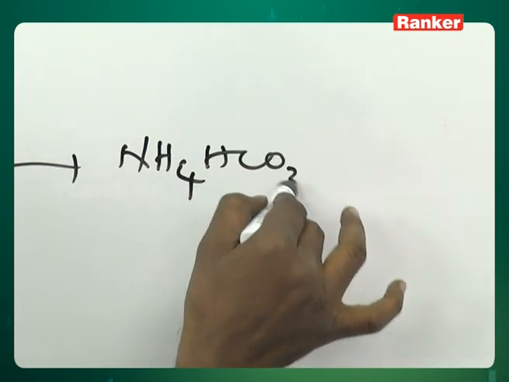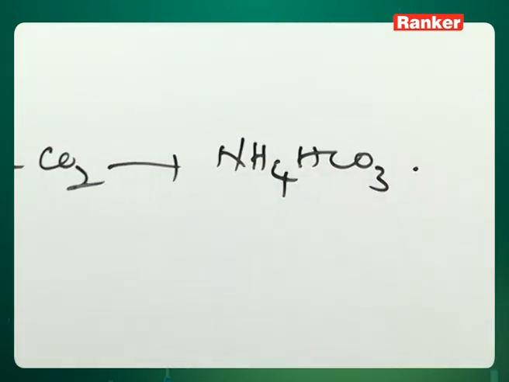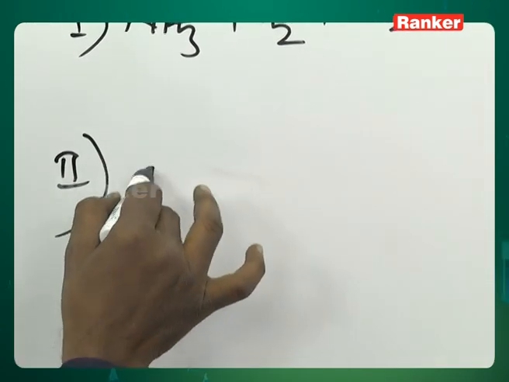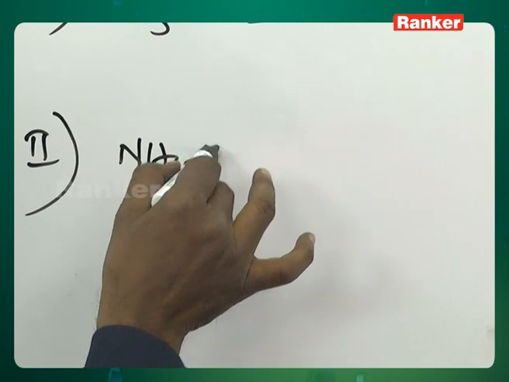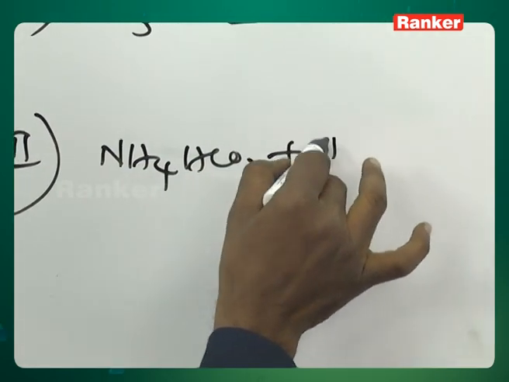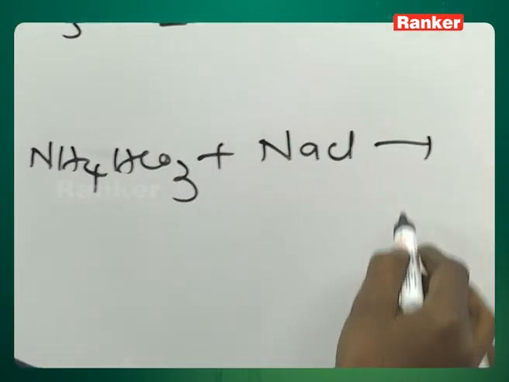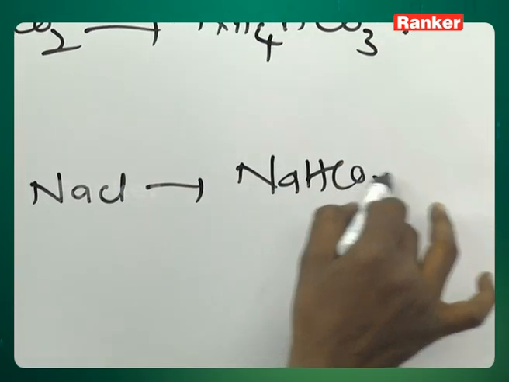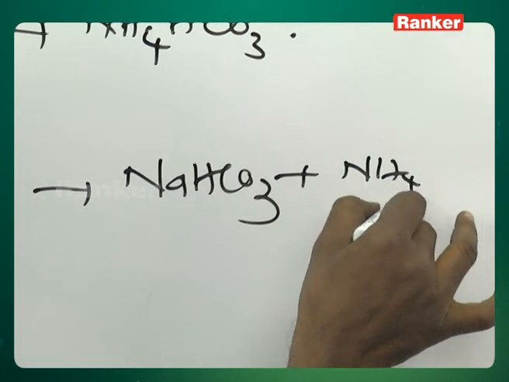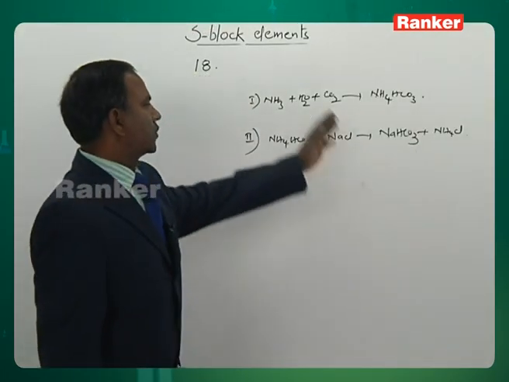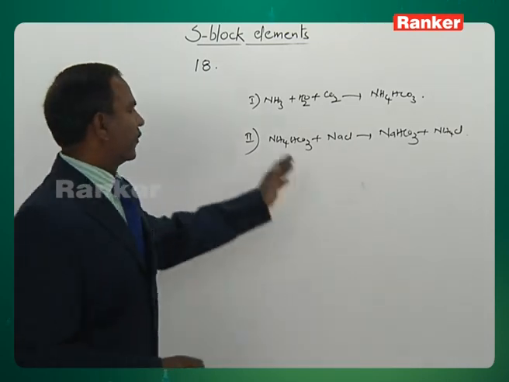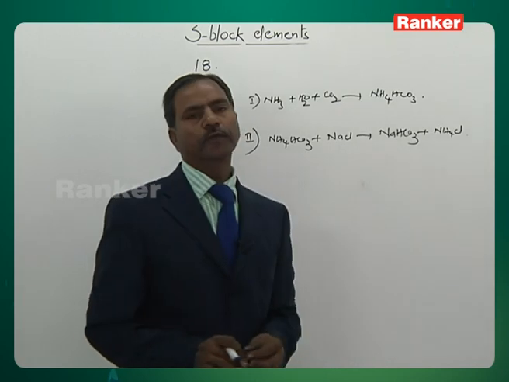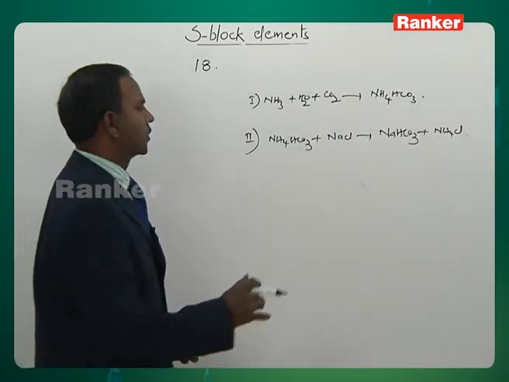That is the first step. Second, ammonium bicarbonate is made to react with brine, sodium chloride, and then you are getting sodium bicarbonate followed by ammonium chloride. Third step.